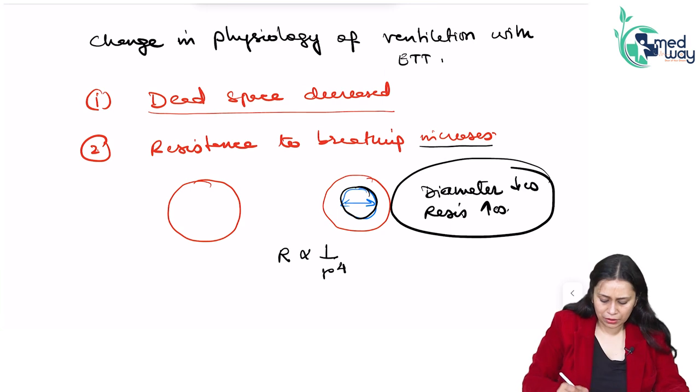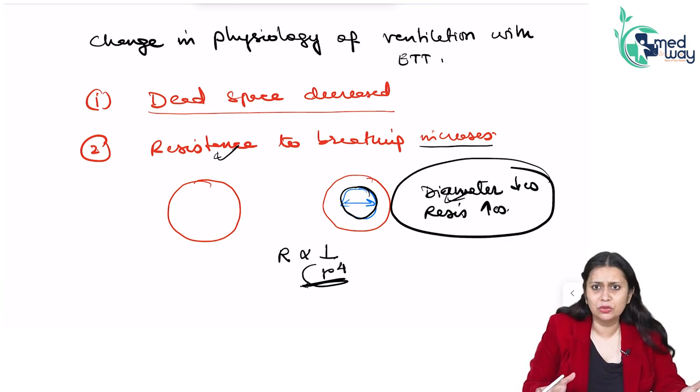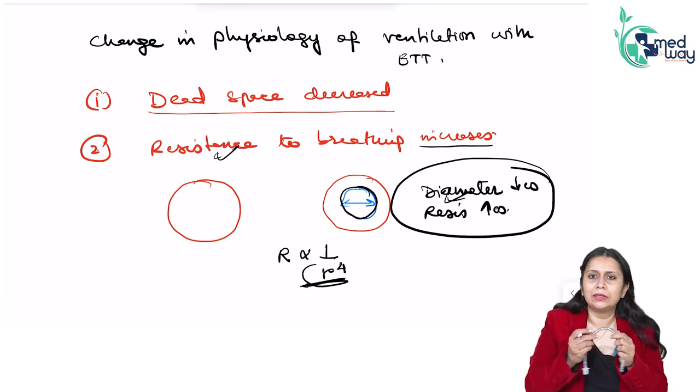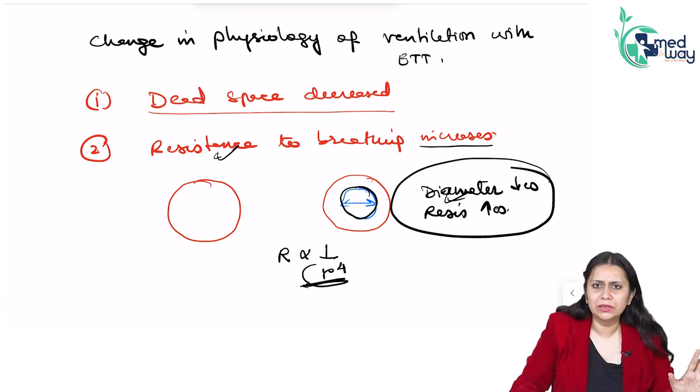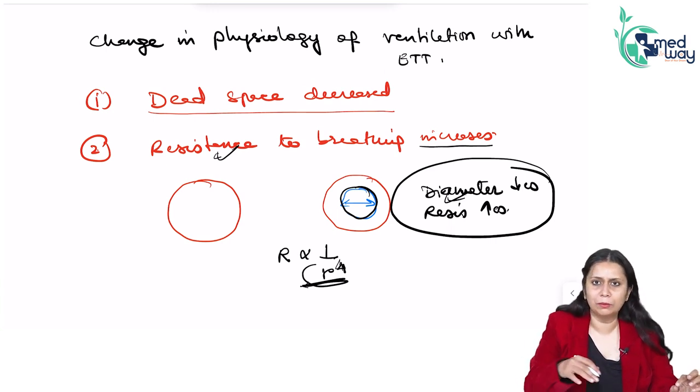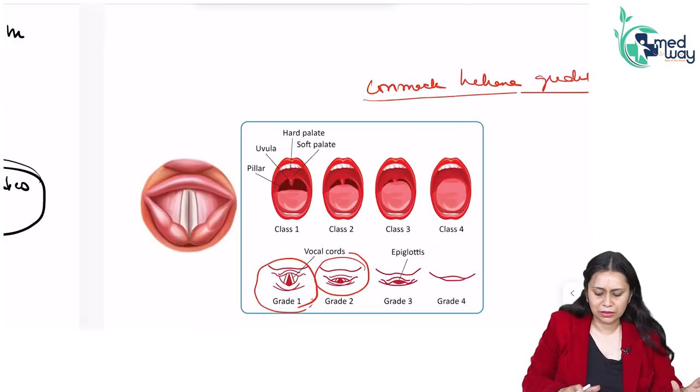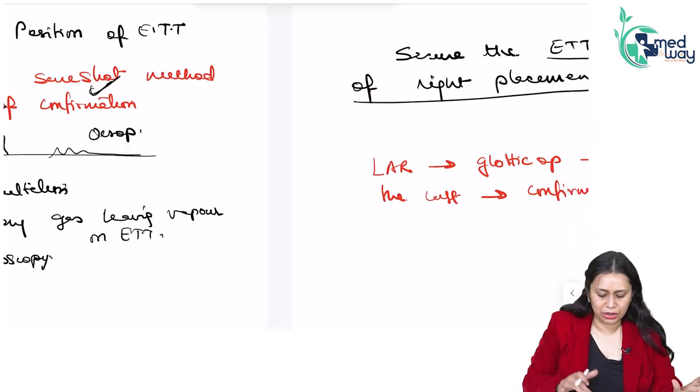But remember, the diameter, the radius, is the most important factor in increasing the resistance. This has been asked so many times. Even if we use a bent tube, the resistance will be more. But keeping all the other factors constant, it is the radius and the diameter which affects the resistance most, and that also by 4 times. Okay, so remember this. Now let us discuss the difference between adult and pediatric intubation.